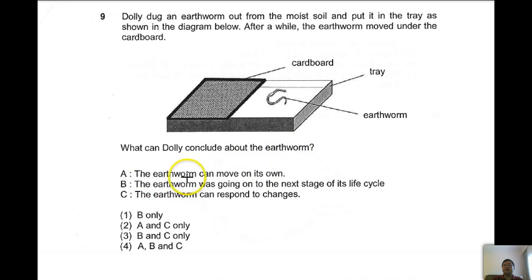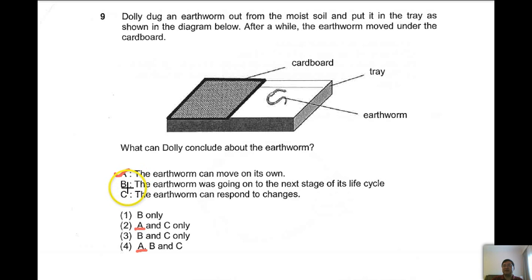It is true, the earthworm can move on its own. That is true. Now if A is true, your choice can either be 2 or 4, and I can confirm that A is true because nobody moved the earthworm from here into the shade. So the answer can be 2 or 4, not 1, not 3, because I'm very sure that A is correct.